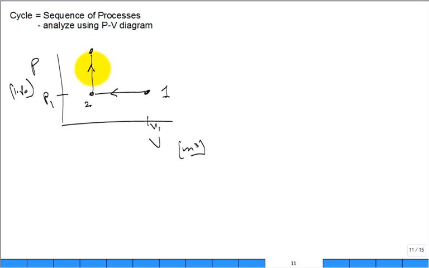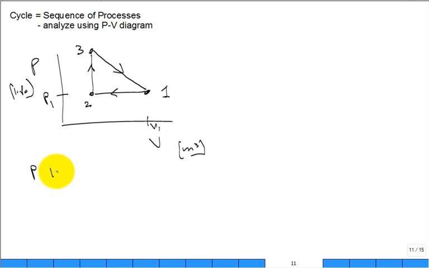There's a pretty simple process from 2 to 3. I didn't say this is a realistic cycle. I'm just making this cycle up, but that's what we do in thermodynamics, and then we analyze it. But if I want a 3-process cycle, I need to get back at the end of the next process to the initial state. So what are the 3 processes?